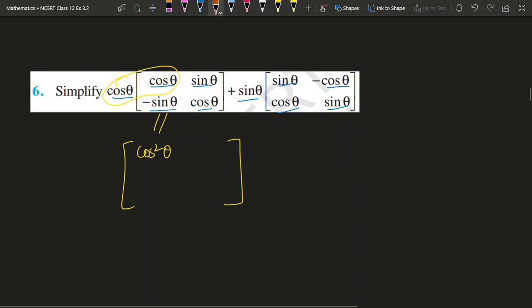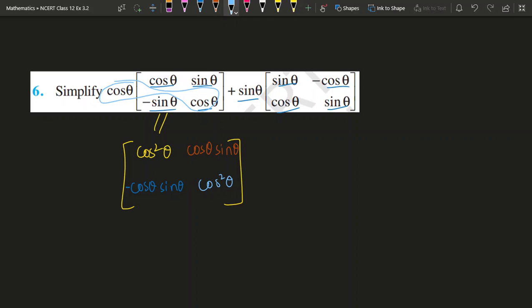Then cos times sine will be cos theta sine theta. Then you have cos theta times negative sine theta, so cos theta negative sine theta, and you don't forget to put a negative sign there. And then you have cos theta multiplying with cos theta, so you again have cos squared theta.